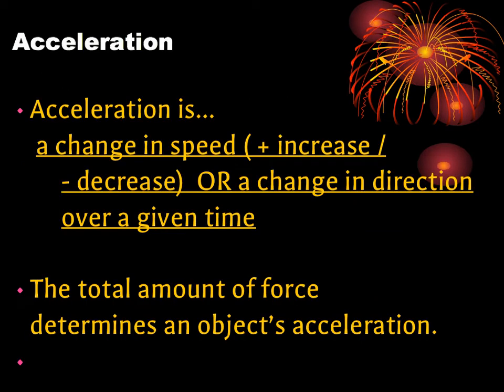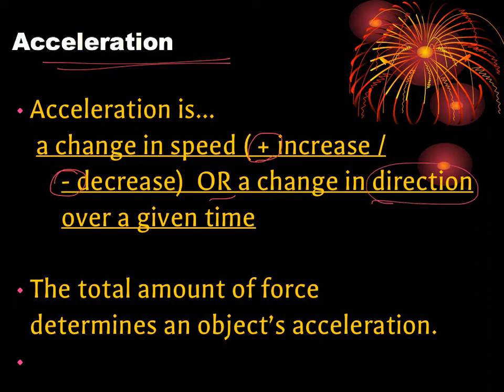By completing this free body diagram, we're able to tell if the object is accelerating. Typically when we think of the word acceleration, we're thinking just of an object moving faster. But officially, the acceleration definition has three parts: a change in speed to the positive, so speeding up, a change in speed to the negative, slowing down, or a change in direction.